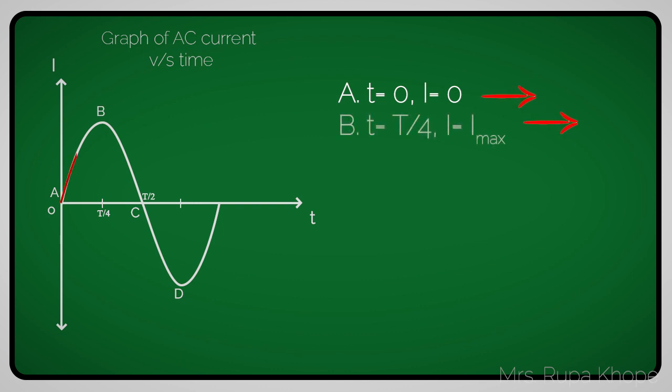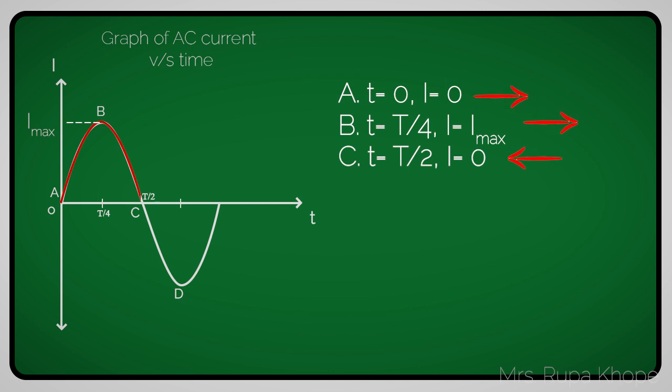At the point B, time t equal to T by 4, current is maximum. Current is moving in one direction in the wire. Now the current starts decreasing, and at the point C you will see that the current has become 0 again.